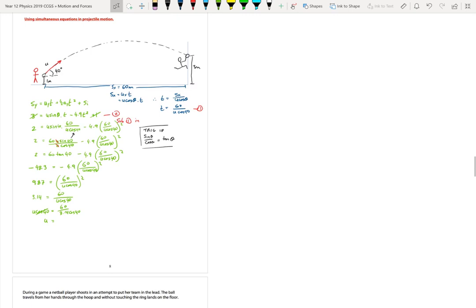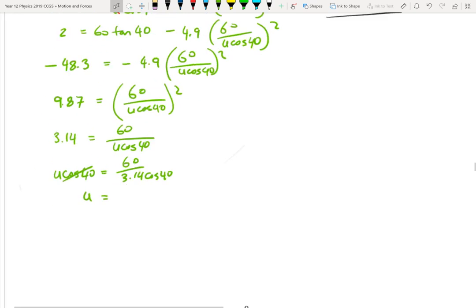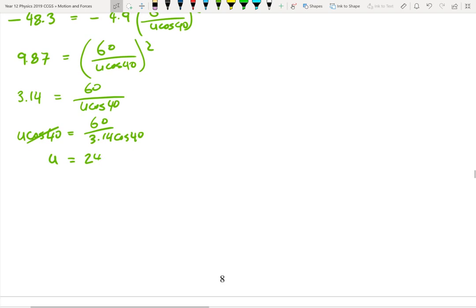That's not fast enough to travel 60 metres. So, again, your calculator spits out 24.9 metres per second. And then, obviously, if we're asked for velocity, it's then at 40 degrees above horizontal.